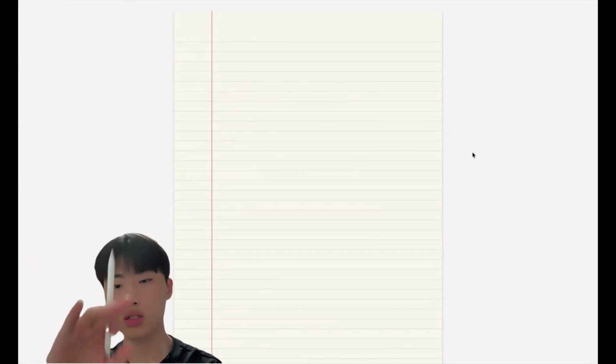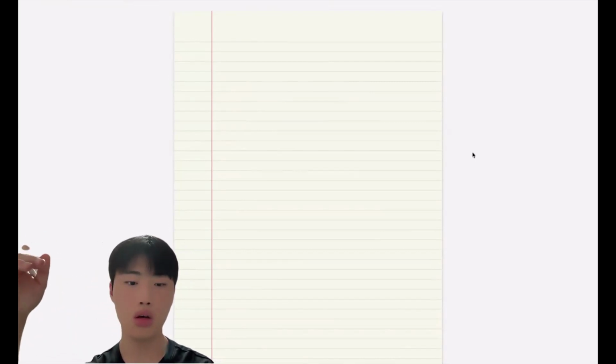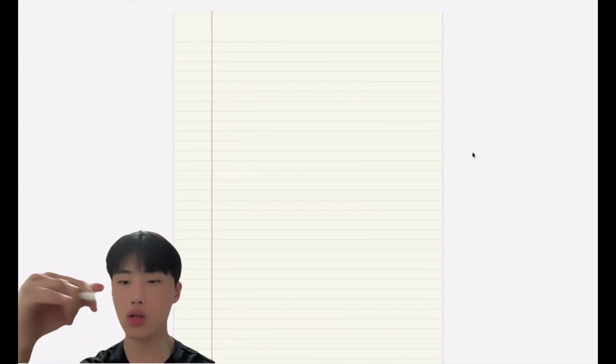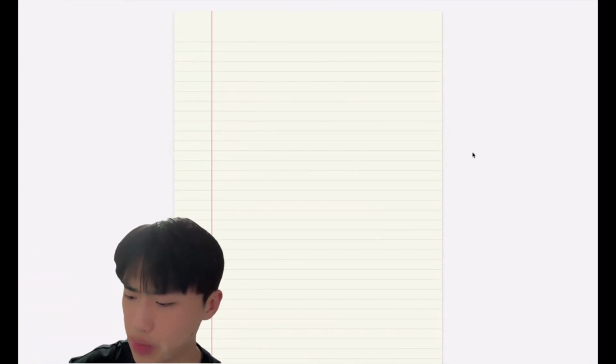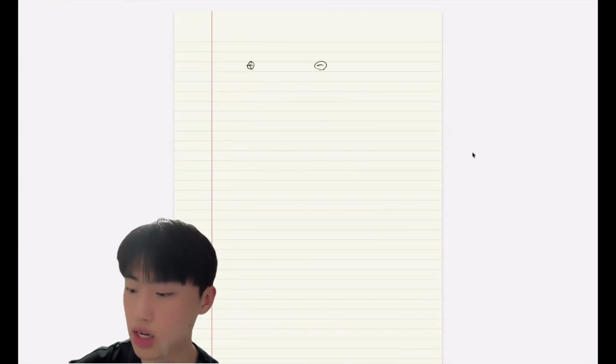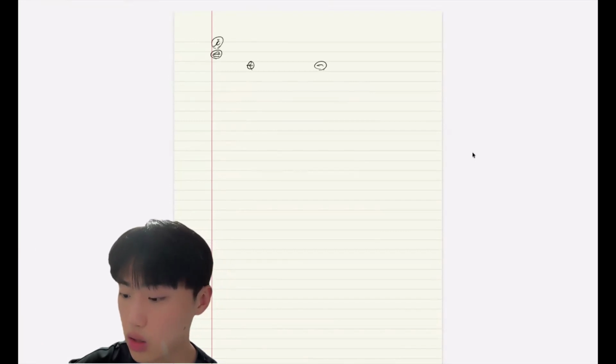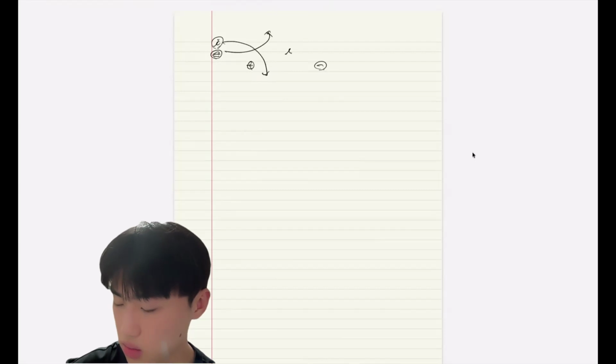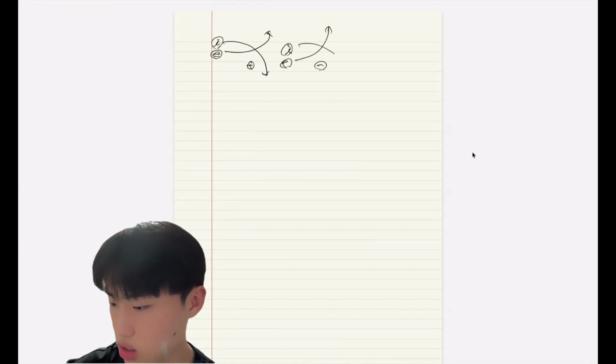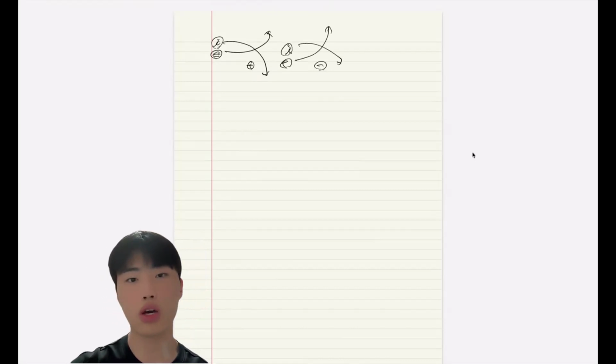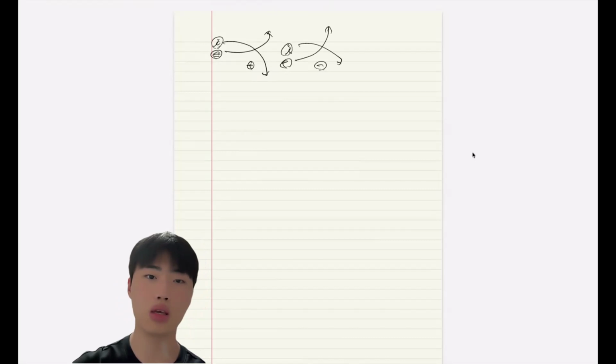The scattering will lower the mobility. For example, when there are fixed ions, the electrons can go like this and like this. This kind of Coulomb scattering will lower the mobility.